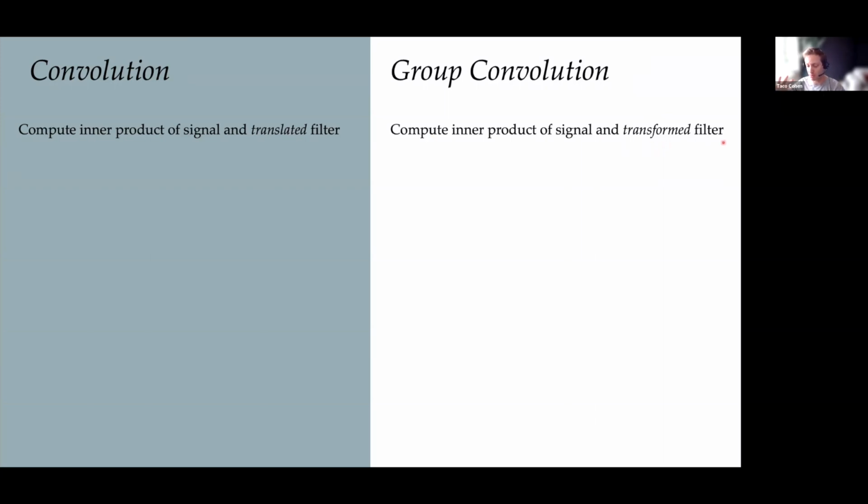We translate and rotate it, for example, compute the inner product, and store the result of the inner product in the cell of the output feature map associated now with the transformation that we applied. And so that's how you see that the result should indeed be a function on the group of transformations that you're considering.